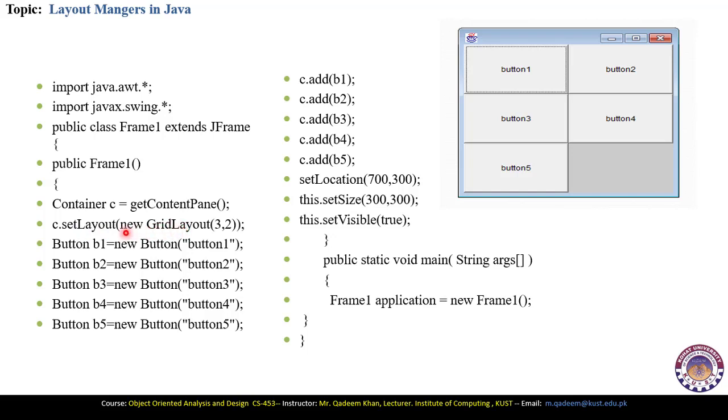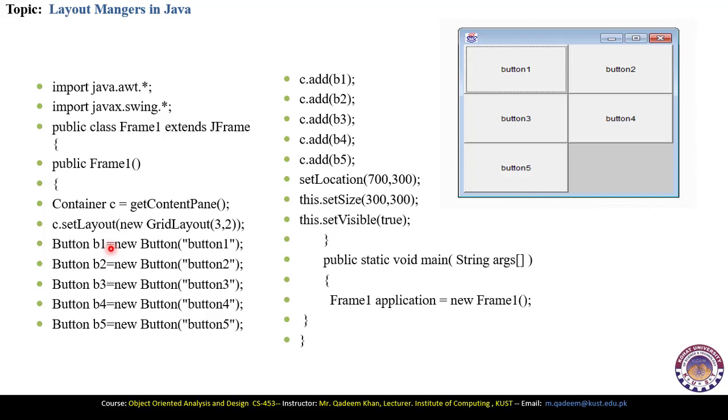Then c.setLayout(new GridLayout), the exact layout manager which we have defined, and in the GridLayout we have 3 rows and 2 columns. Exactly, you can see 3 rows and 2 columns here. So this is 3, 2.